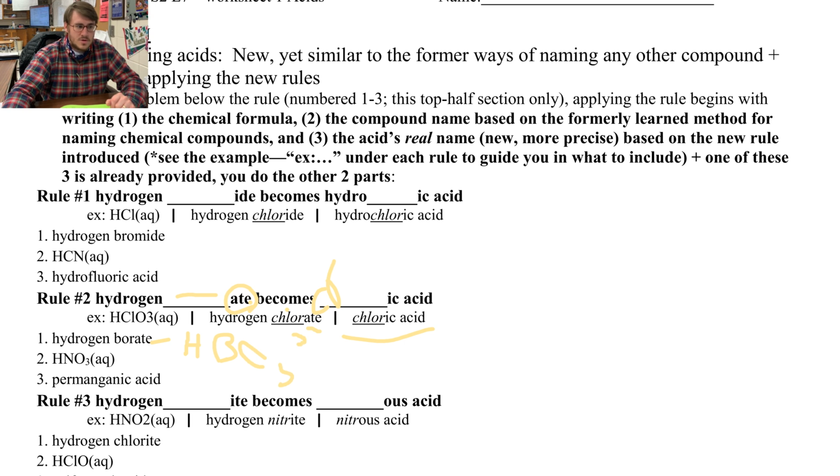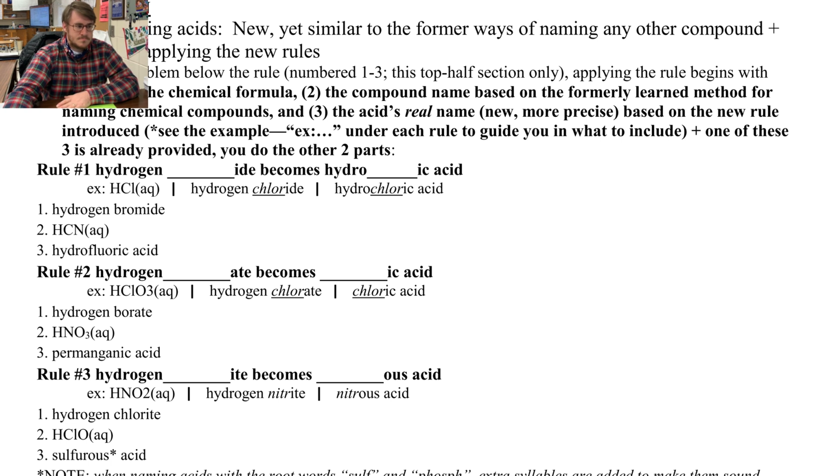Don't forget to crisscross. Borate brings a 3 minus, so H3BO3 is what the formula should be. And that way we provided all 3. Good? I think so. If it would be called hydrogen borate or hydrogen blankate, it becomes blankic acid.